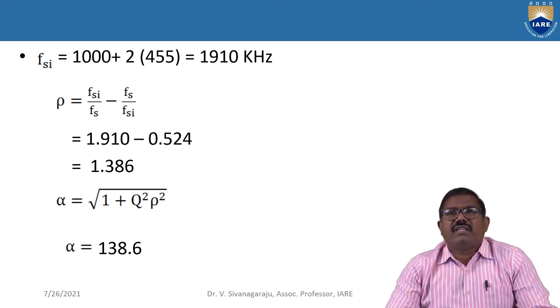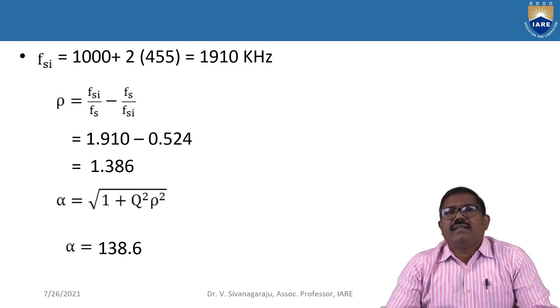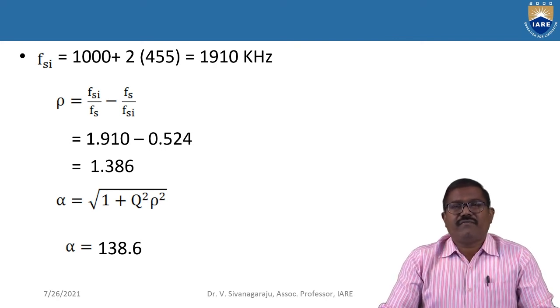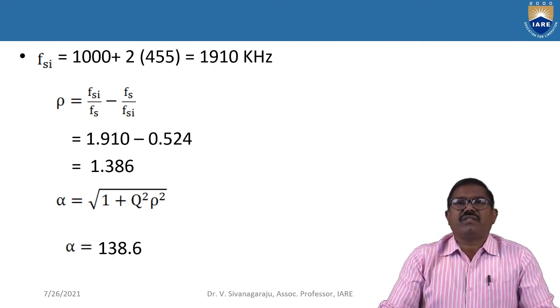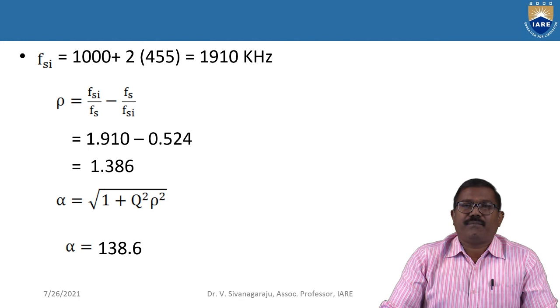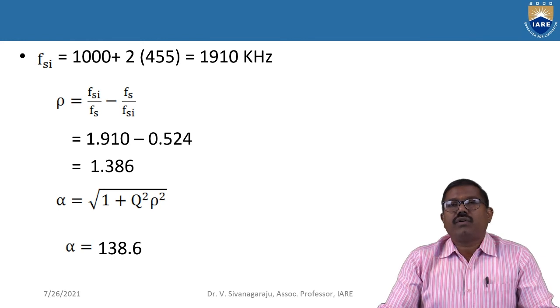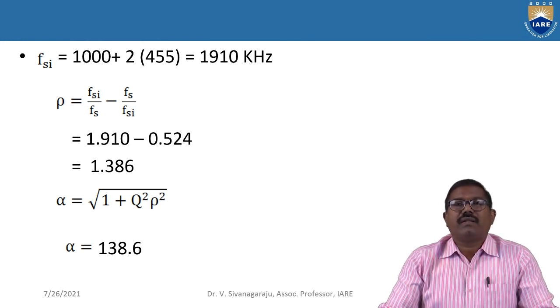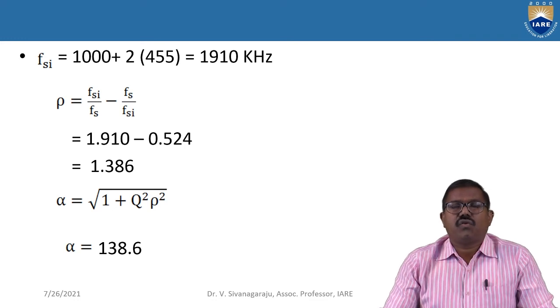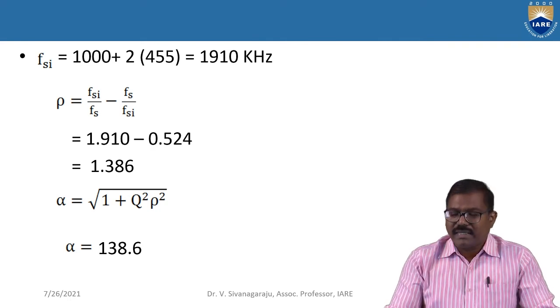We know the Fsi value, and substituting and using the calculator, you get rho value as 1.386. So alpha, the image rejection ratio, which is equal to the square root of 1 plus Q square into rho square. After substituting all these values, we get alpha value as 138.6.